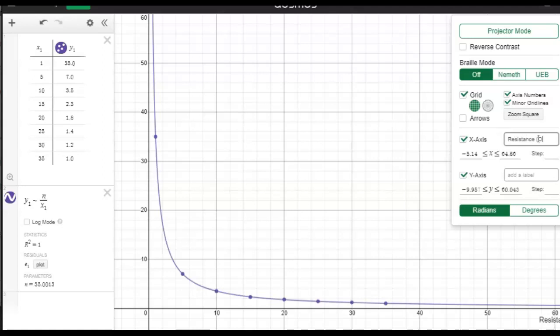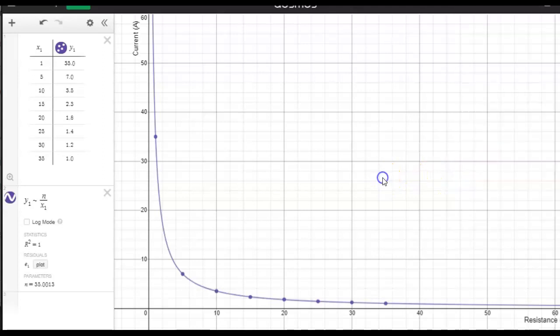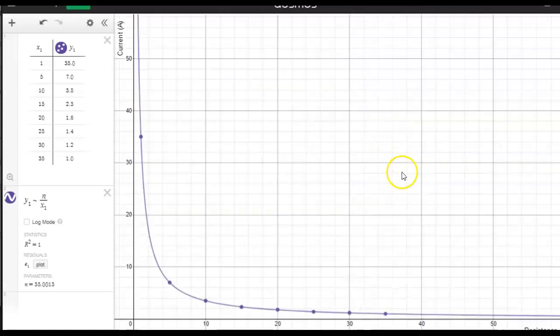Well, I can't remember how to make that symbol, so I'll just spell it out. And the y value remains current, amps. All right. And I think it's scaled pretty decently. Good enough for right now.